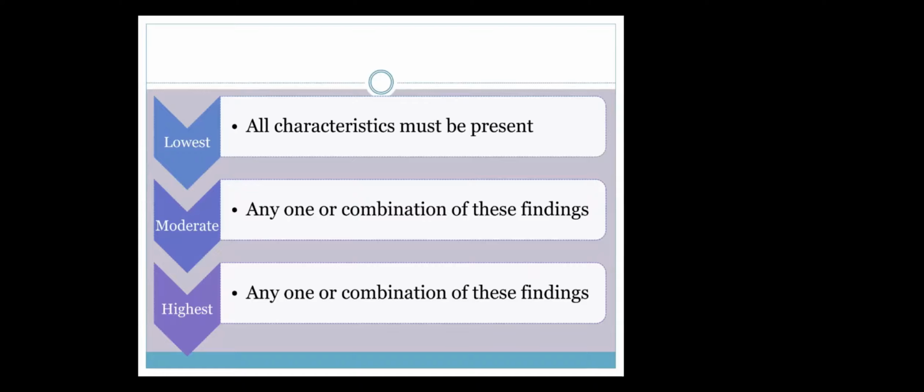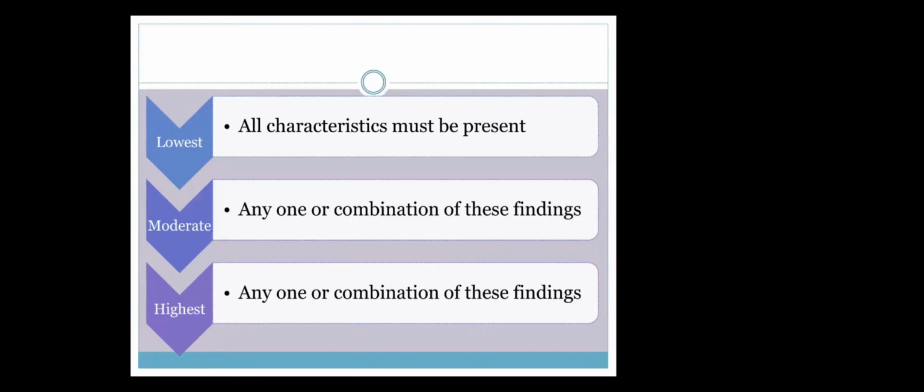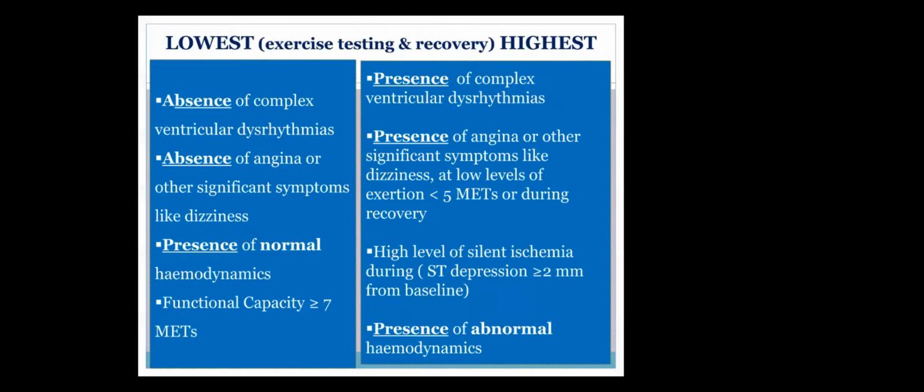Whereas if an individual is to be graded under high risk, any one or combination of the findings that we'll be seeing shortly should be present. For ease of understanding, I have compared it in parallel. We'll talk about the lowest risk and the highest risk together, finishing all the low risk first and then coming to the high risk. So we are looking at the exercise testing and recovery findings.